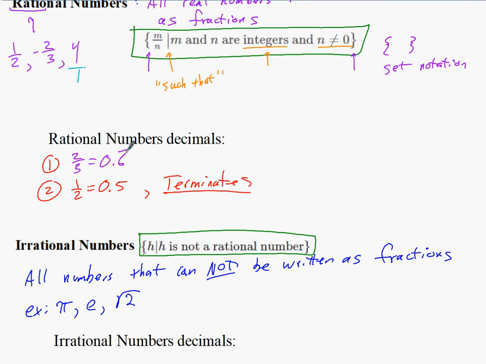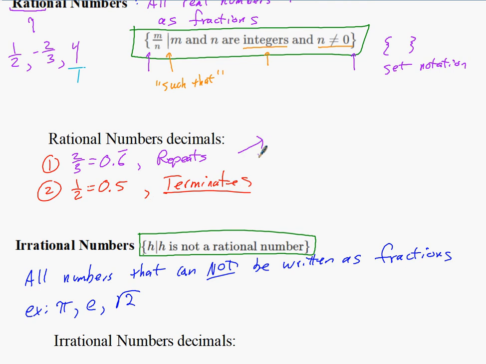I could write that as 0.6 what? What's that line mean over the top? Repeating. Yeah. So when we take a rational number and we write it as a decimal, one of two things happens. Either it terminates or it repeats.